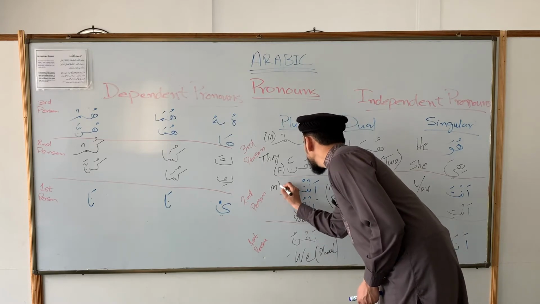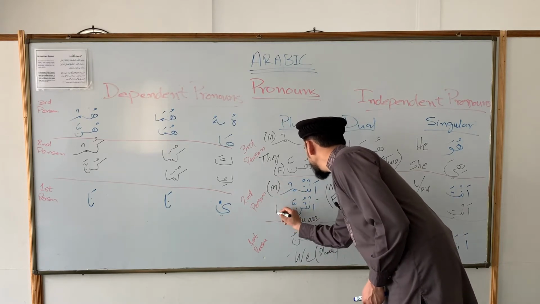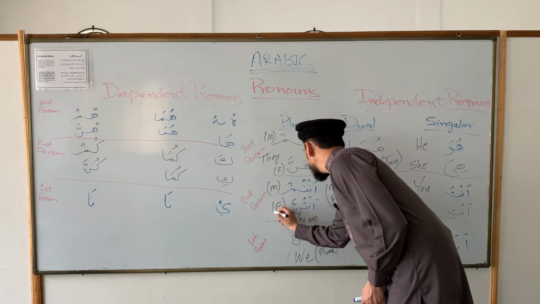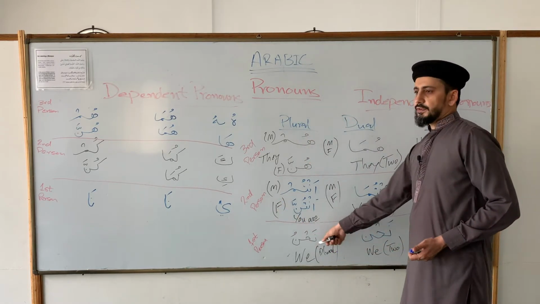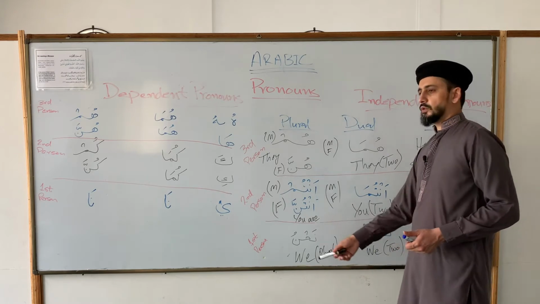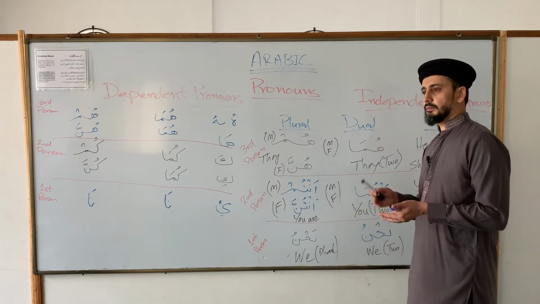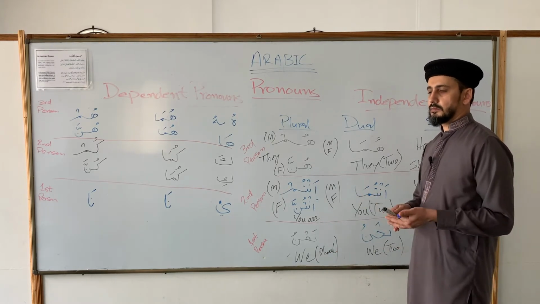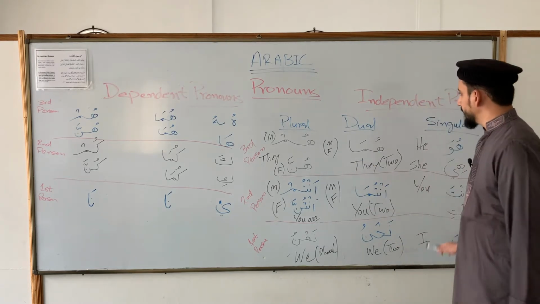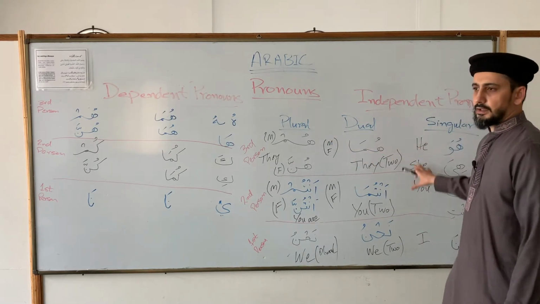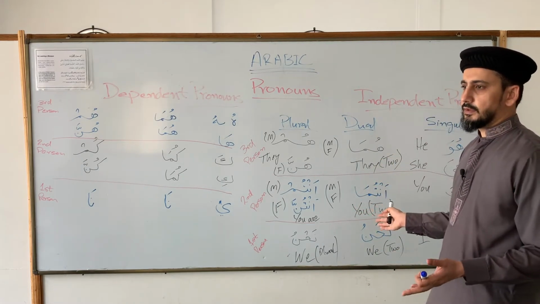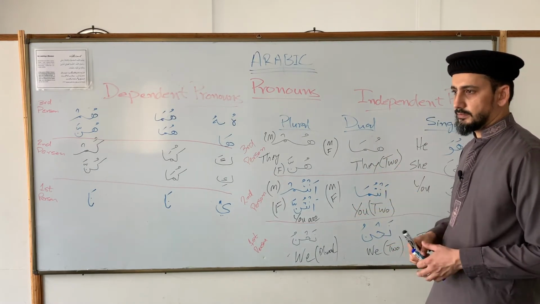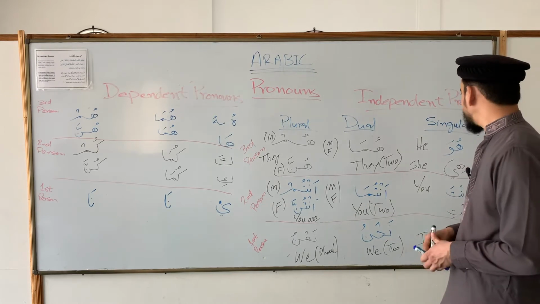So antum, male, antunna, female. Right? And in the first person, I have already told you, nahnu means we are, masculine, feminine, same thing, no problem. So these are independent pronouns. Once you memorize these, whenever they come, you will know it. Right?